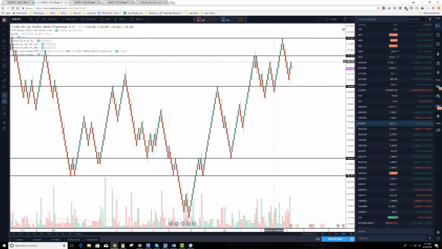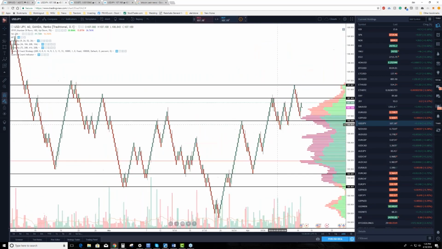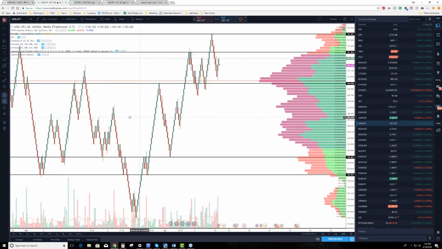I trade futures markets with Renko. I trade the NQ with Renko because it's a whole lot less noisy. And you can still use volume price analysis and use it effectively.